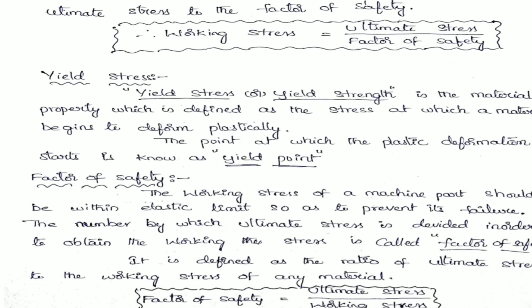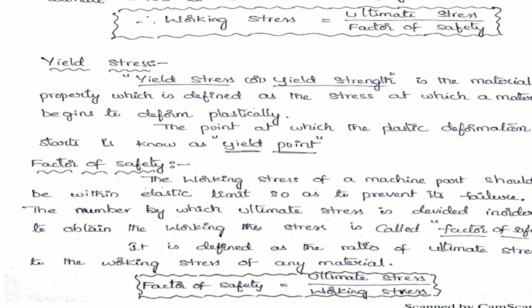Next, what is a yield point? Yield stress or yield strength is a material property which is defined as the stress at which a material begins to deform plastically. The point at which the plastic deformation starts is known as the yield point.